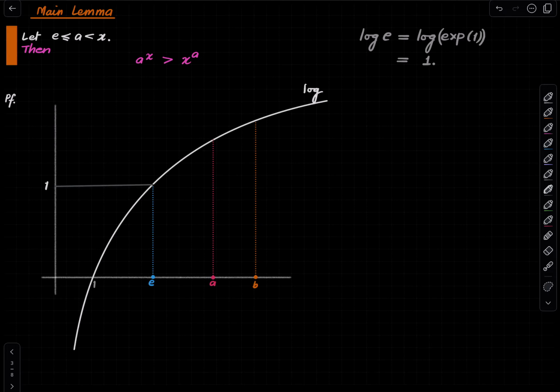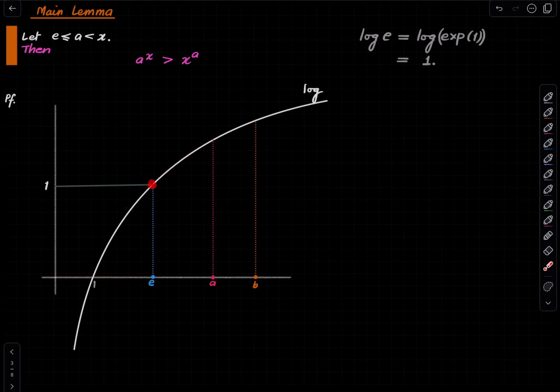We claim that the line joining the origin and this point is tangent to the logarithmic curve. I hope the claim is clear. What is the slope of the line joining this point and the origin? It is this length divided by that length, but this is equal to 1 as we just showed, and this is e. So the slope of this line is 1 upon e.